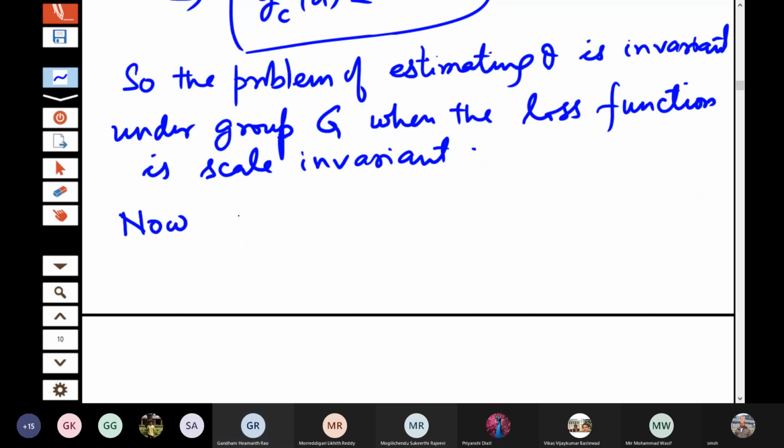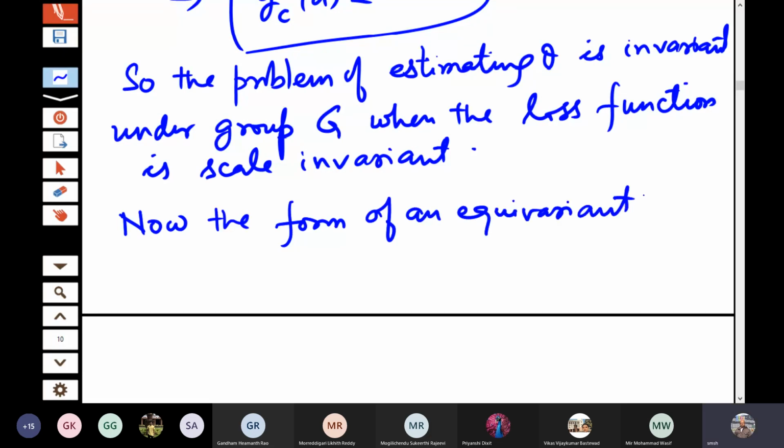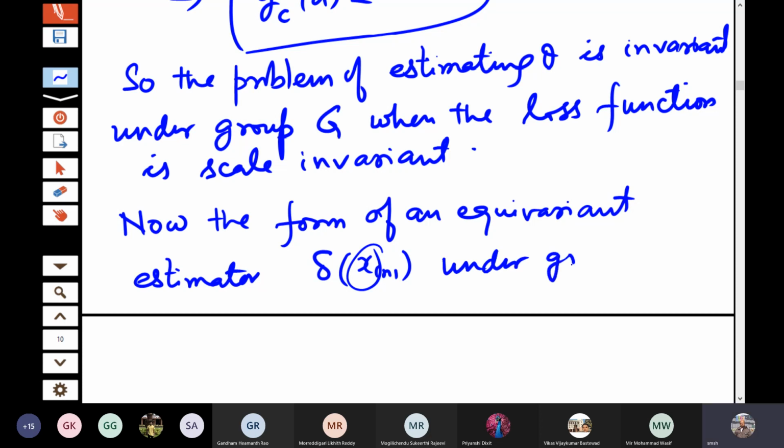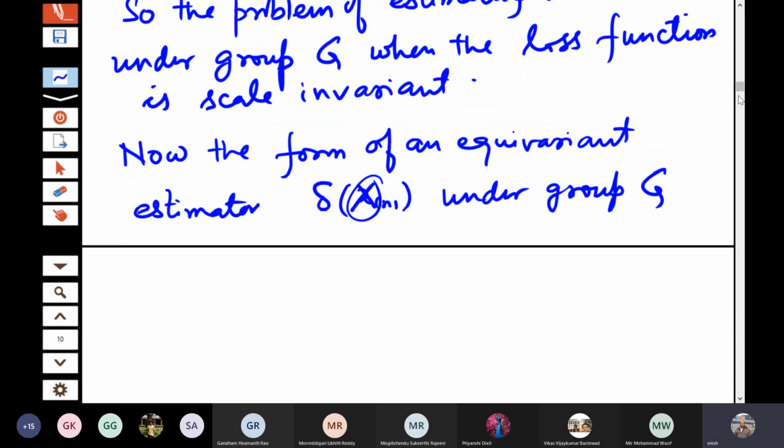Now, the form of an equivariant estimator, say delta of Xn, because we are basing it on Xn, under group G. Let me put here capital Xn, because small we use for the value and capital we use as the notation for the variable.